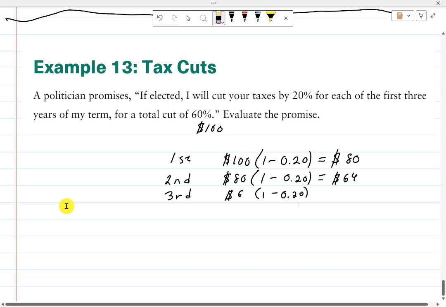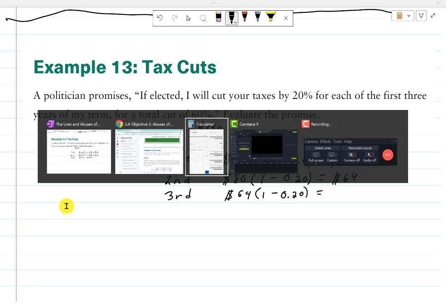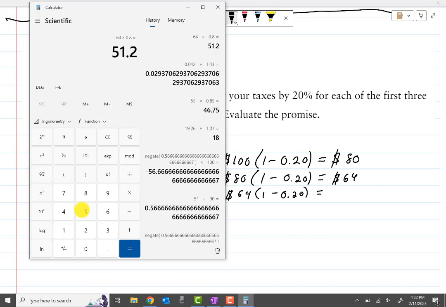And let me just put my 64. You can accomplish the same thing by simply taking 64 and multiplying it by 0.8. That's 51.2.